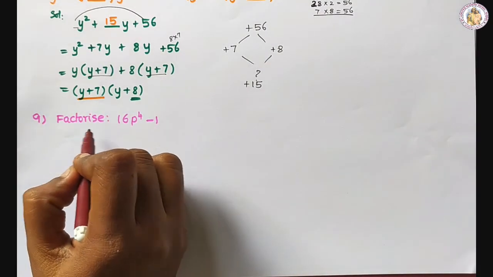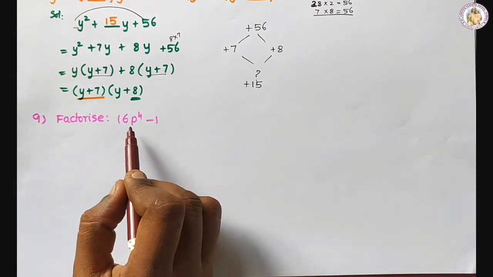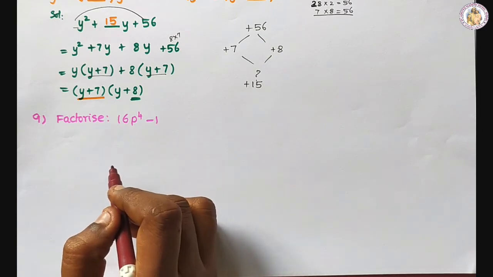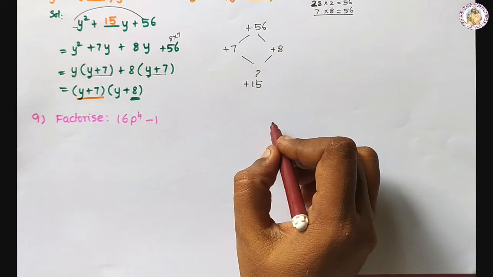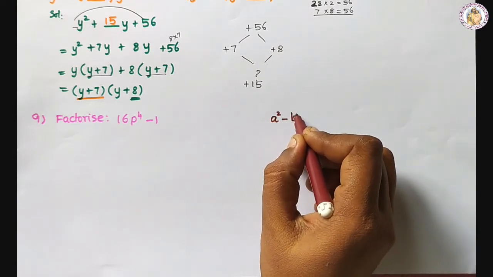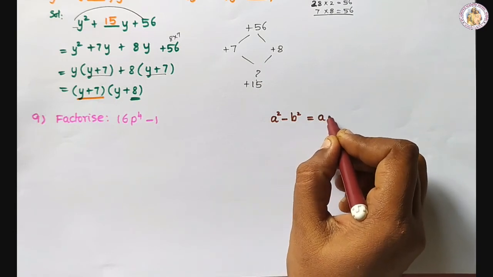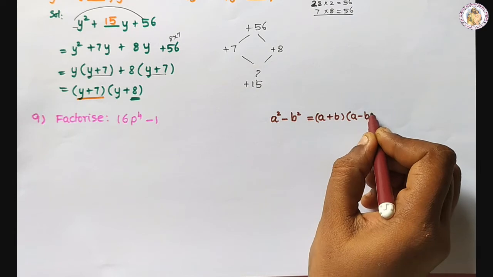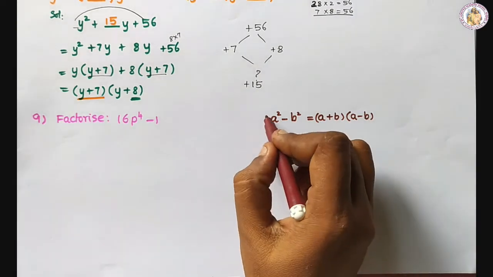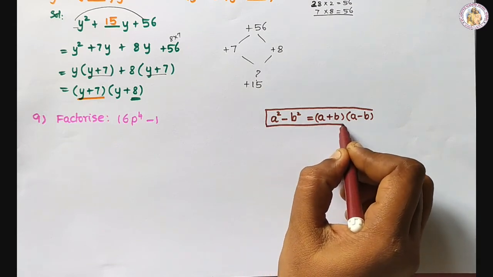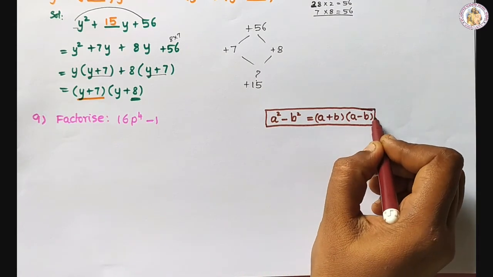Ninth sum, factorize 16p power 4 minus 1. Listen, now we have to apply this identity, that is a squared minus b squared equal to a plus b into a minus b. Now we want to change it into a squared minus b squared format.